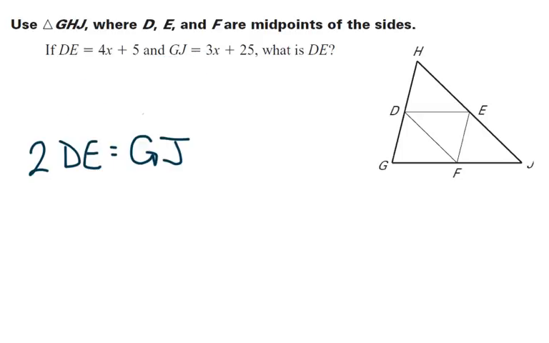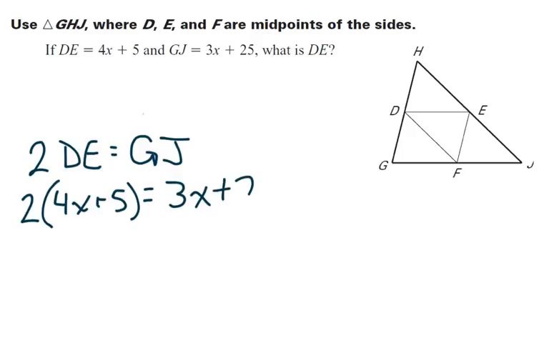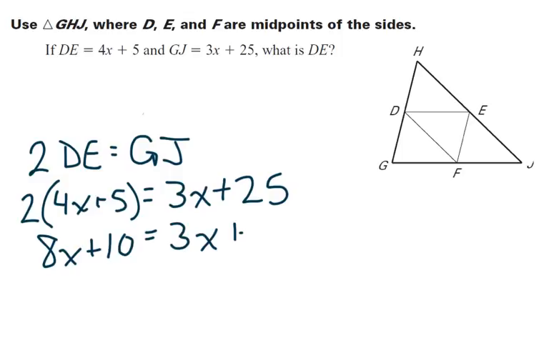So if 2 DEs equal GJ, we have 2 times 4x plus 5 equals 3x plus 25. That gives me 8x plus 10 when I simplify the left-hand side equals 3x plus 25.